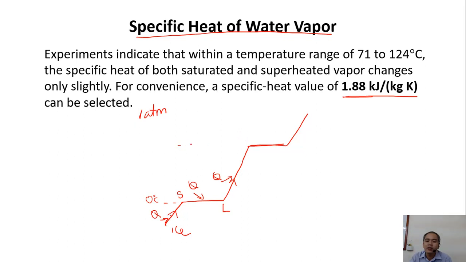What temperature? 100 degrees C. At 100 degrees C, the liquid water starts to boil, and then liquid water is converted into what? Vapor. When all the liquid water becomes vapor, if you continue to supply the heat, the temperature of the vapor will increase.